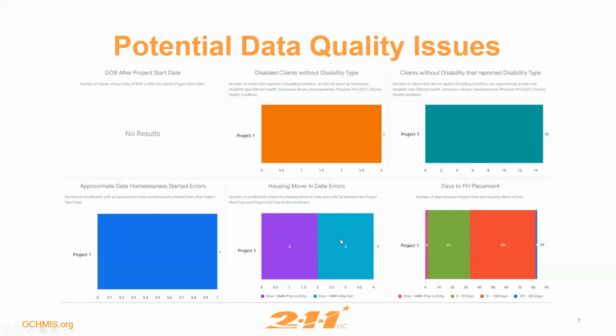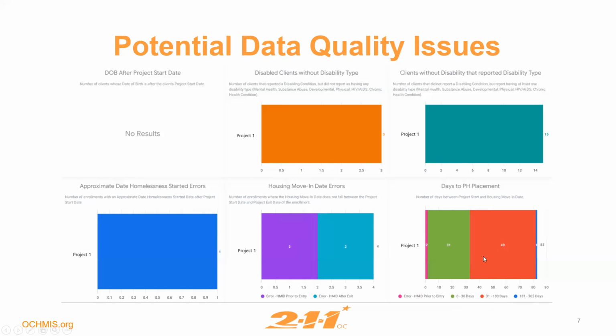So that's this. And then we also have the number of days it takes to place a client in a permanent housing unit for those permanent housing projects. This is just a breakdown of how many days for your project.